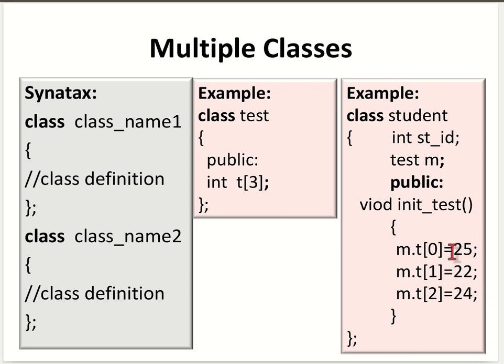That means the marks 0, 1 and 2 are initialized with 25, 22 and 24. Otherwise we can take it from the user, that is cin m.t[0], cin m.t[1], cin m.t[2], like that we can give. So this is a usage of multiple classes where one class uses the object of another class.